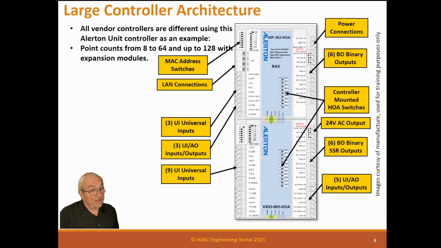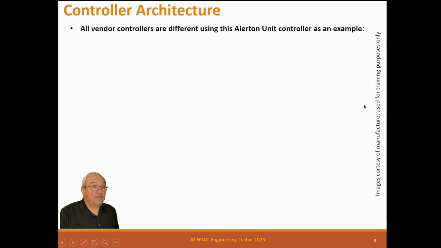If it requires a whole bunch of power, you have to use an auxiliary transformer, but you have 24 VAC right on board, and you also have 20-volt VDC down here in case you have a device that needs DC. There are certainly amp limitations, but this will allow you to wire right off the controller rather than putting in a DC power supply. That's very handy when you're doing installs. Down here is that 20-volt power supply.